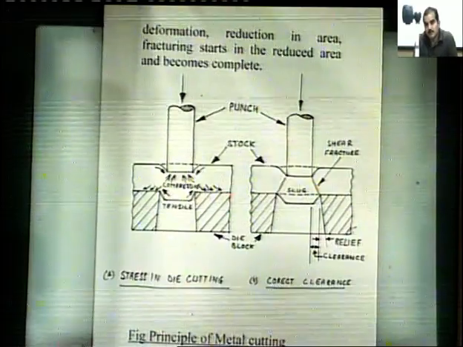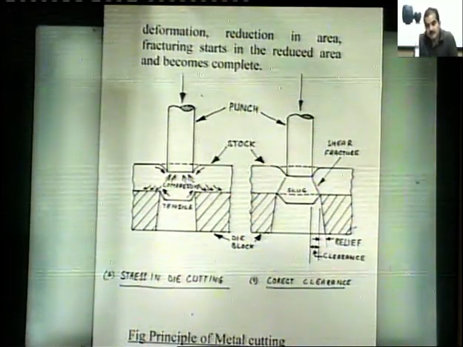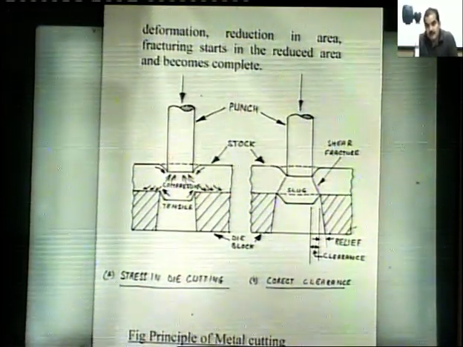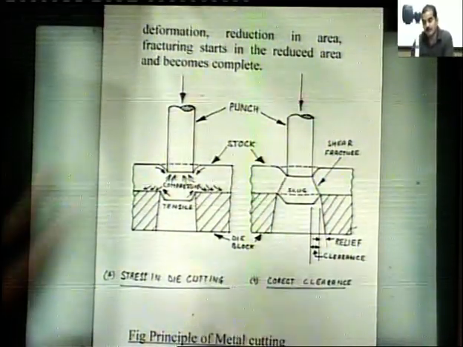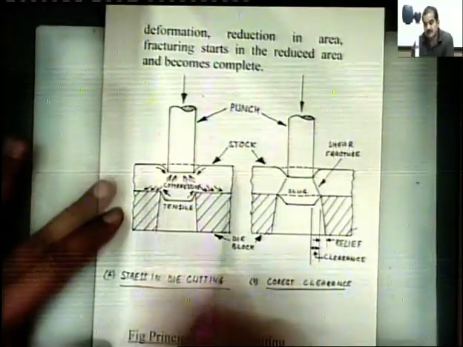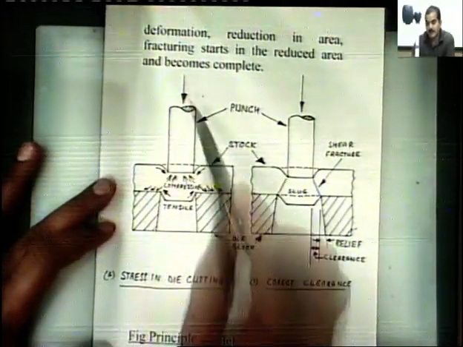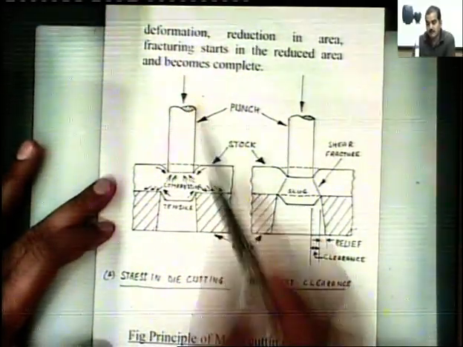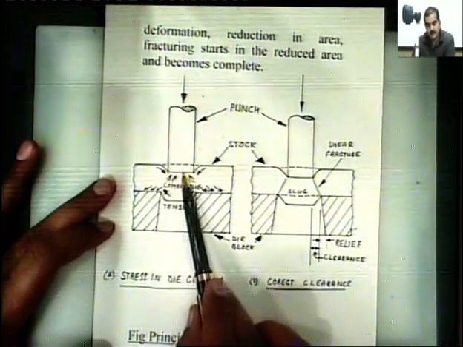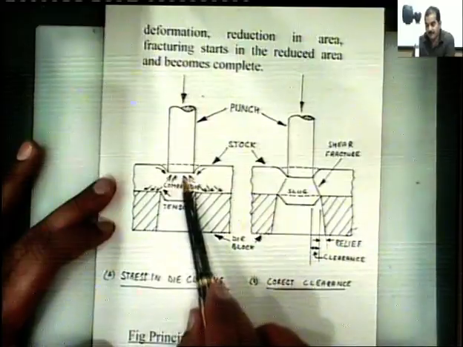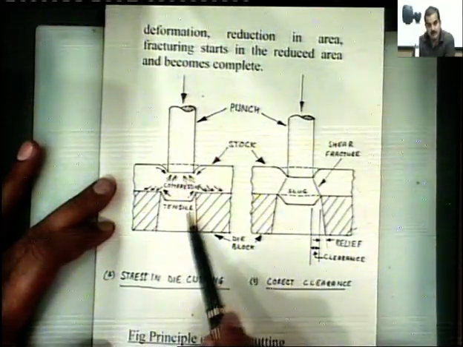Now, I will explain what actually happens during a cutting operation. First of all, we have a straight strip or workpiece, and the punch is coming down. When it contacts, it pushes the sheet or strip into the die.